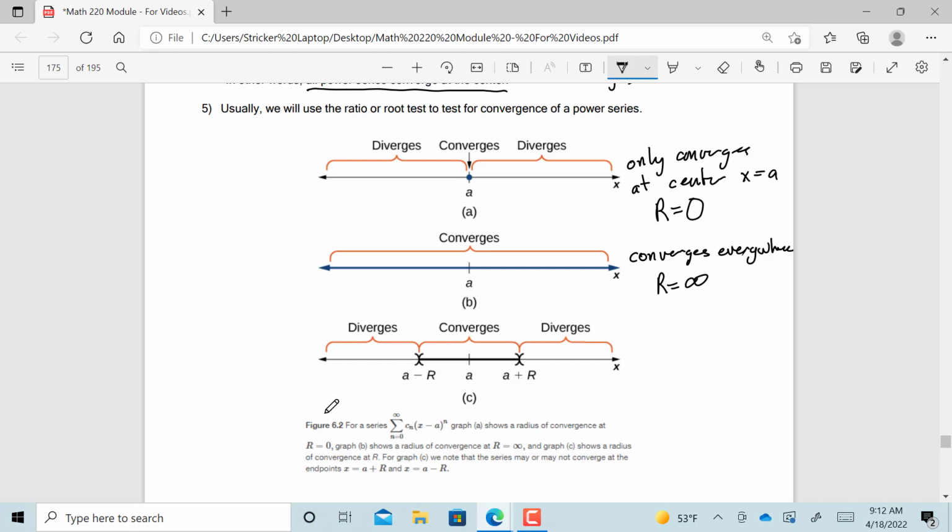And then the last one converges on some interval, x minus r to x plus r. And again, we're going to see this in an example here.